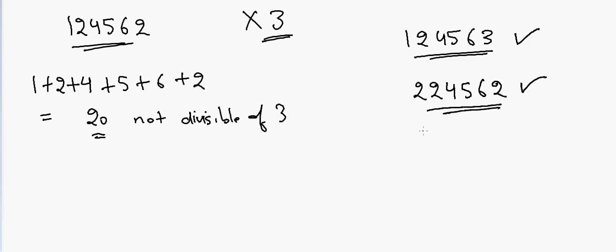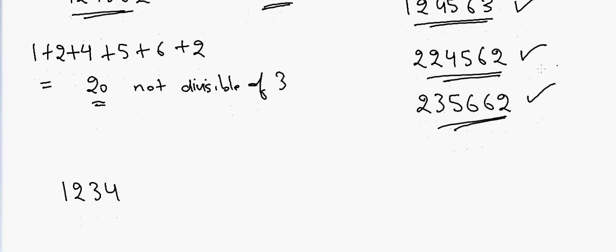Or we can increase 1 in each of these and say 234662. This should also be divisible by 3. What I'm doing is changing the number just enough so that the sum remains divisible by 3. In that case the whole number should be divisible by 3. That's how this trick works.